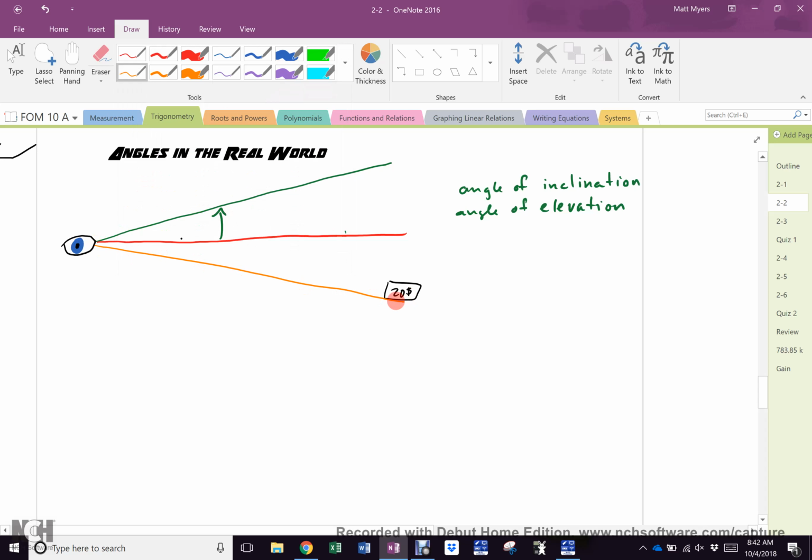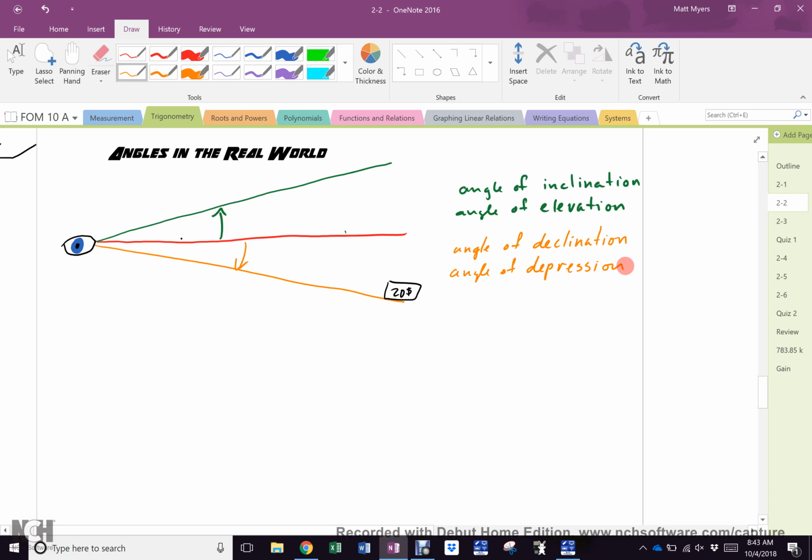What did I just create? Another angle. That angle is what we call an angle of declination, or an angle of depression. Not because you're sad, but because you are looking down.